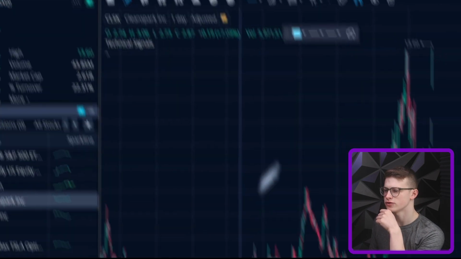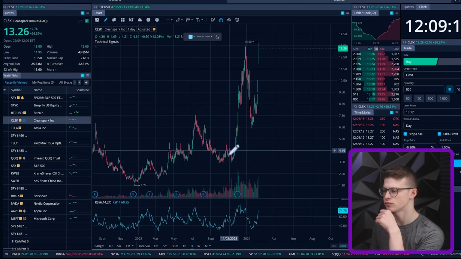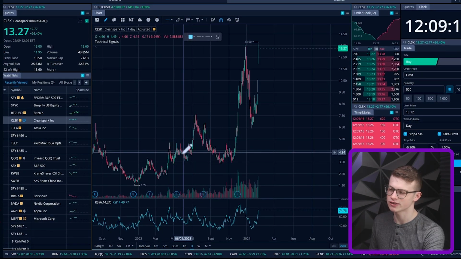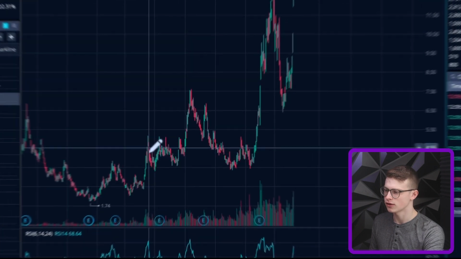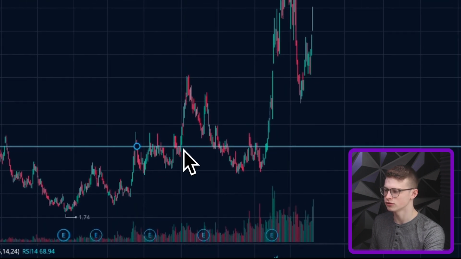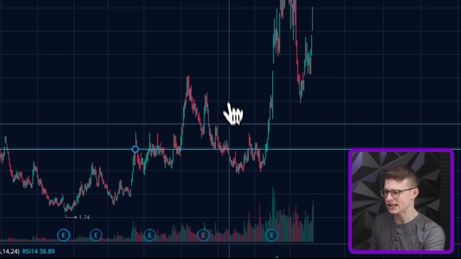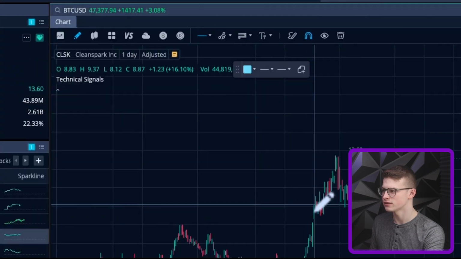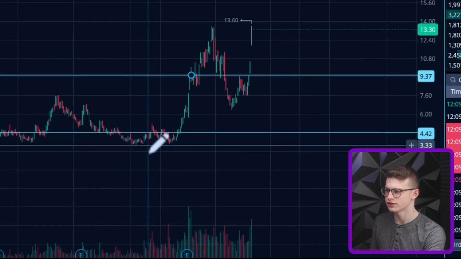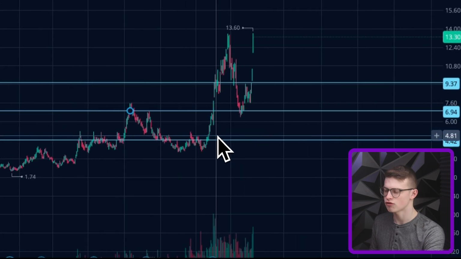Now really, most basically, we're just seeing points on the chart that have touched multiple times, what we call consolidation, right here around 4.50. Just know that prices hit the chart multiple times around here. So this could be a potential support or potential resistance. The line that I could see going into play is right here, 9.37, right here as well, 6.94.